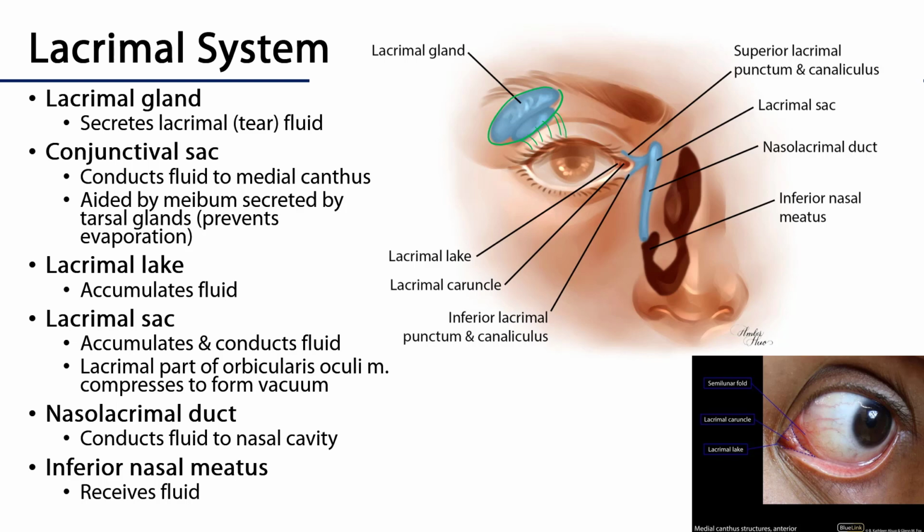And those tears are conducted toward the medial canthus, or angle, of the eye. Now, along the palpebrae, we have tarsal glands, also known as meibomian glands, which secrete meibum, which is an oily substance.